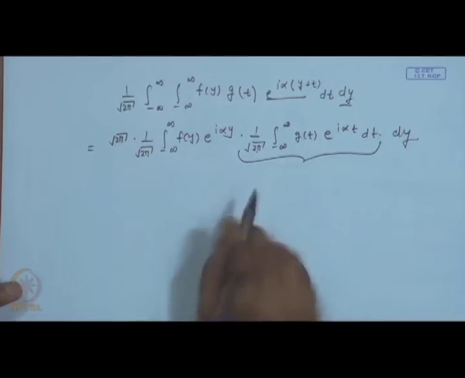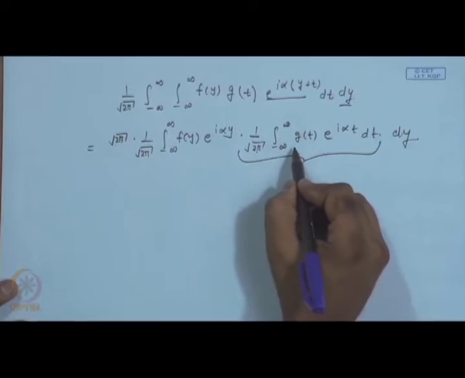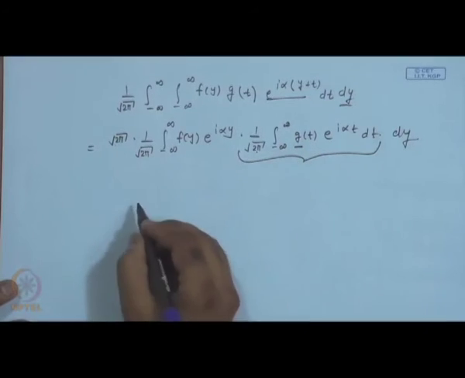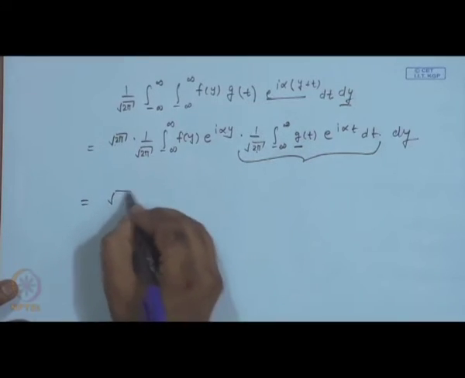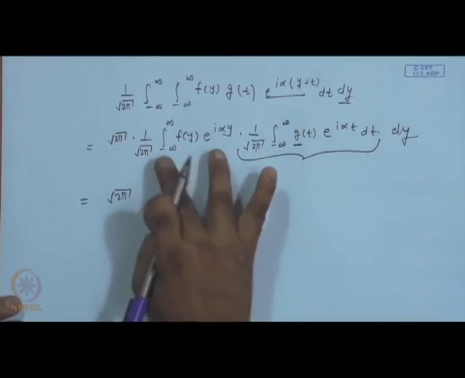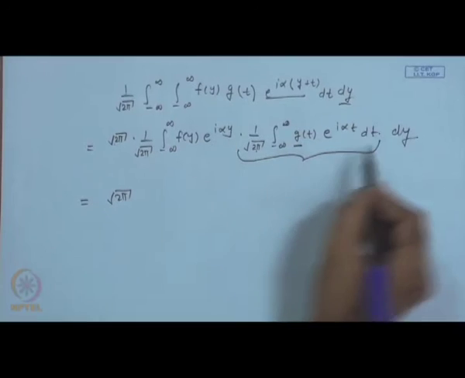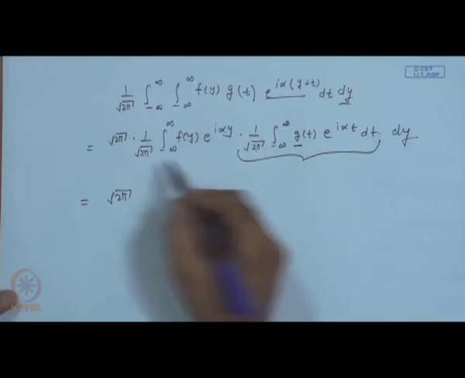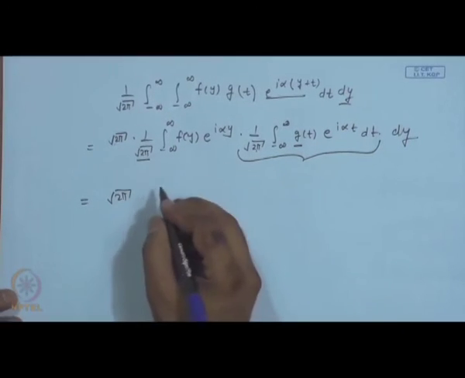So, this one, that is the Fourier transform of g. So, we have square root 2 pi. That is the Fourier transform of g, and then the remaining one, f(y) e^(i alpha y) dy, that is the Fourier transform of f.